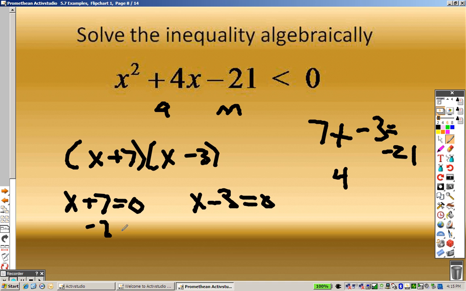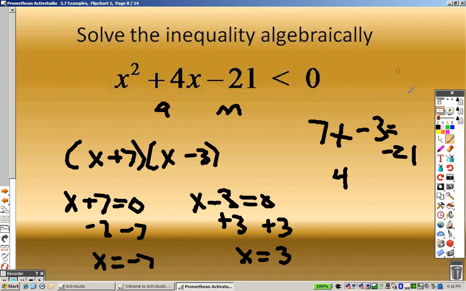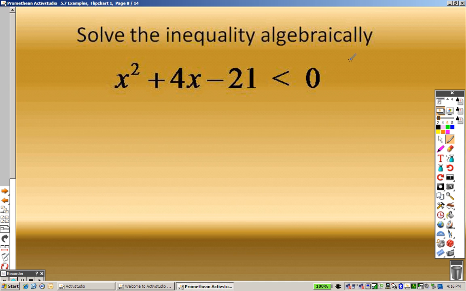So that means I subtract 7, I get x equals negative 7. I add 3 to both sides, and I get x equals 3. So remember that. Negative 7 and 3. So because this is positive, that also means, if you remember from graphs, that my parabola opens up like this.